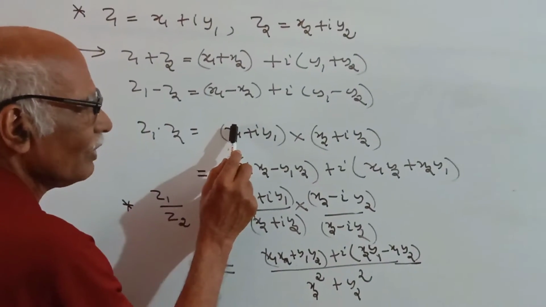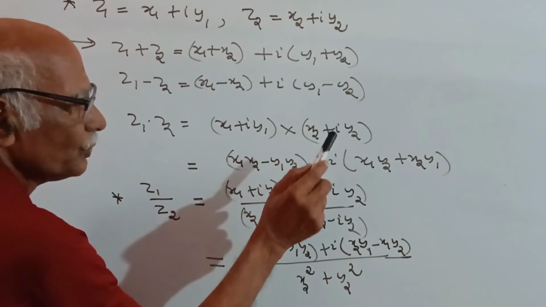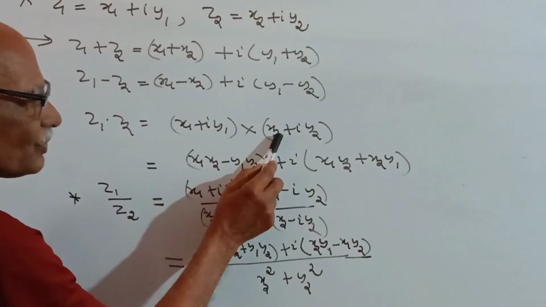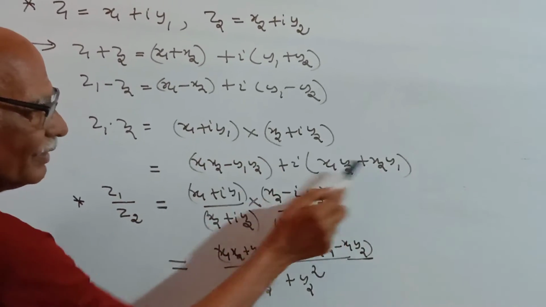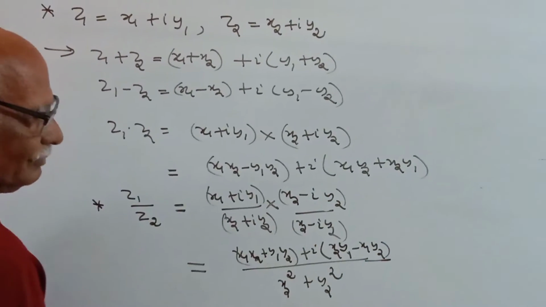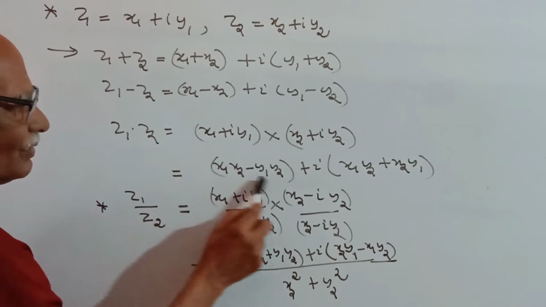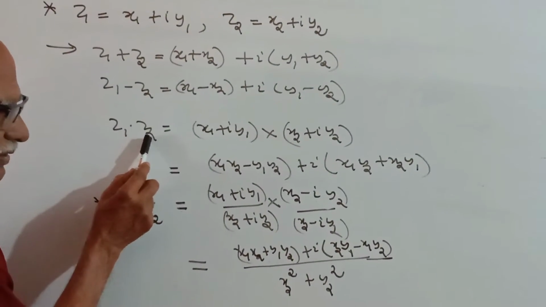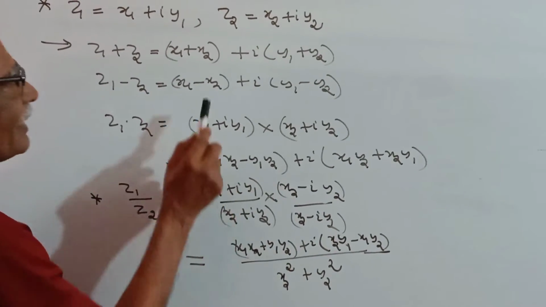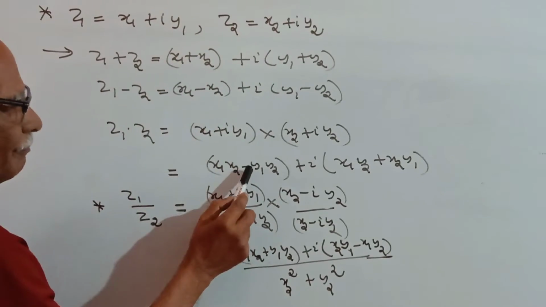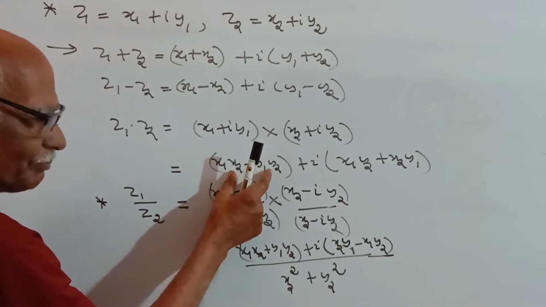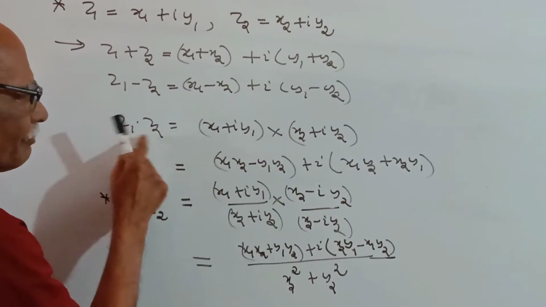Here you can see x1 multiplied by iy2, and x2 multiplied by iy1. So plus i into x1 y2 plus x2 y1. So this is the product Z1 into Z2. You can see the real part contains the product of the real parts, then minus the product of the imaginary parts. So this is how you will explain the real part of the product.